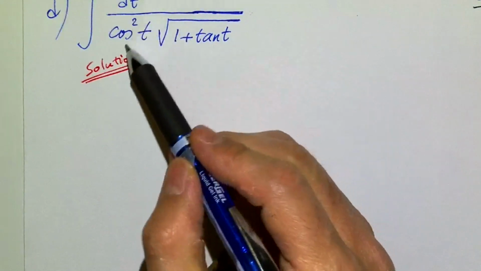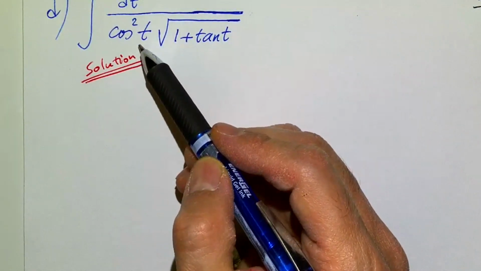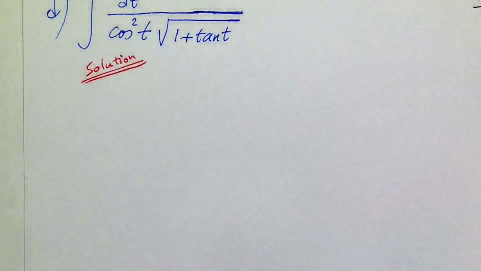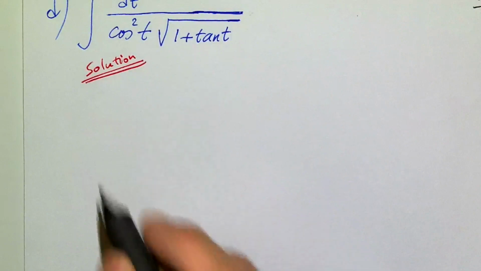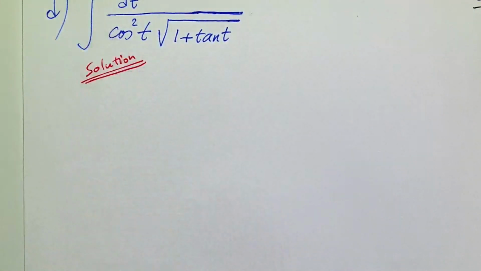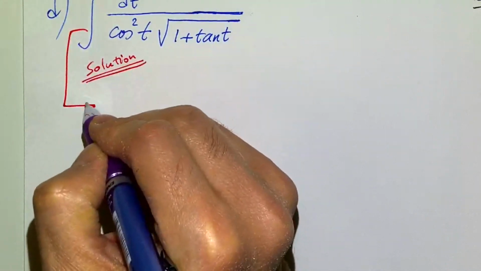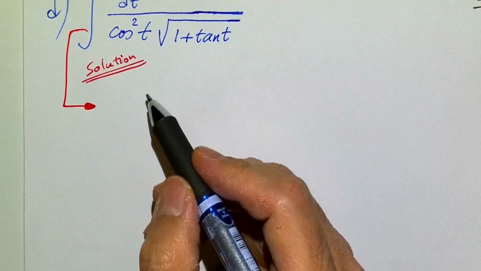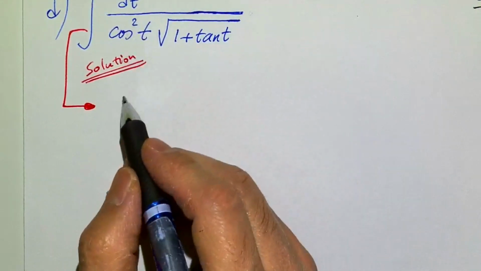So dt over cosine squared t can immediately be written as secant squared t, right? So let us rearrange this. Before we even use the substitution method, let's rearrange these terms.